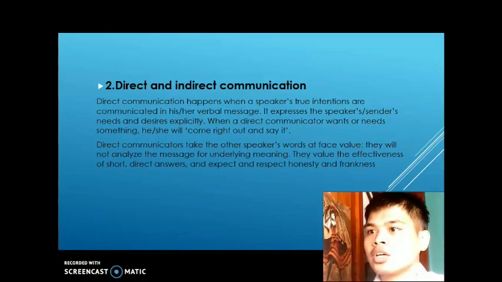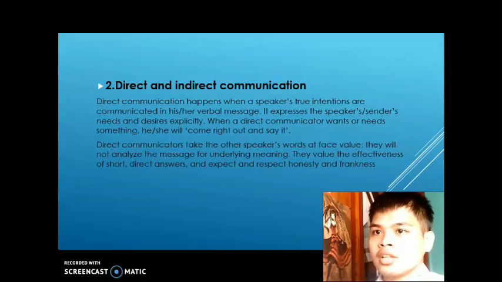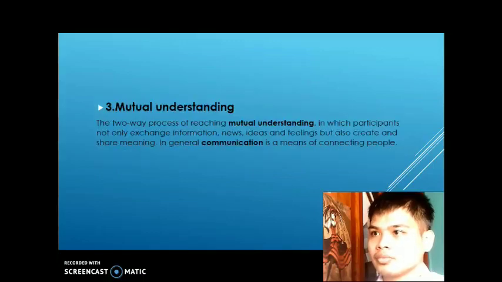Direct communicators take the other speaker's words at face value. They will not analyze the message for underlying meaning. They value effectiveness. In short, direct communicators expect and respect honesty and frankness.